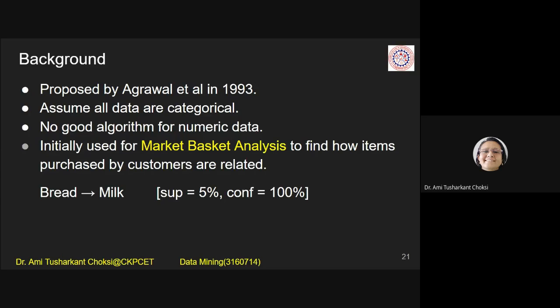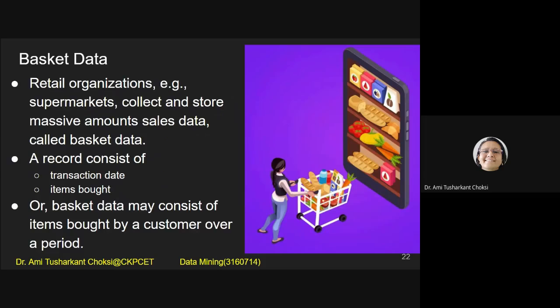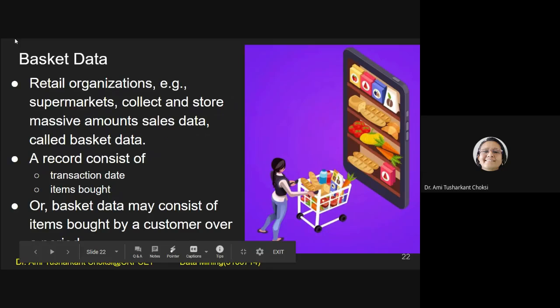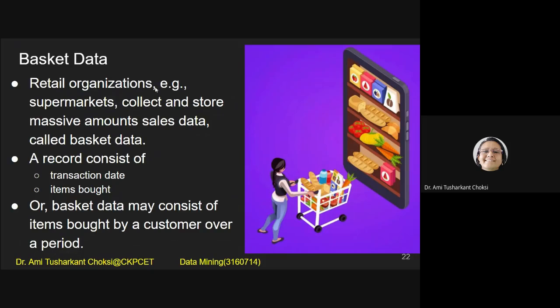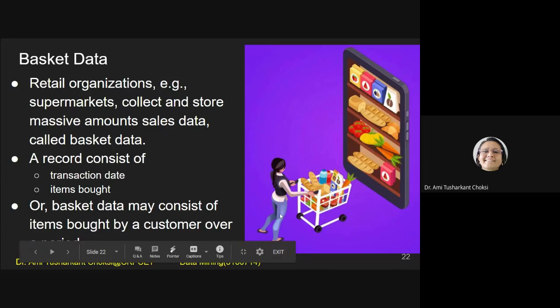The thing we are talking of just now is basket data. Retail organizations, for example supermarkets, collect and store massive amounts of sales data called basket data. For example, we can see a lady with a basket who has purchased a few items.